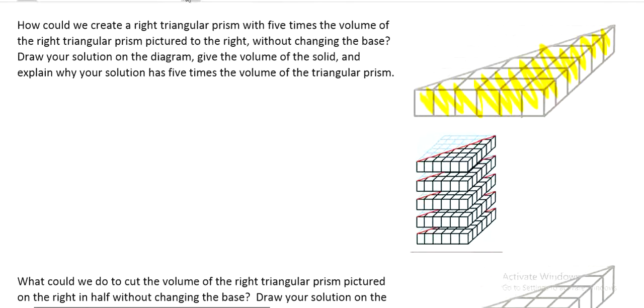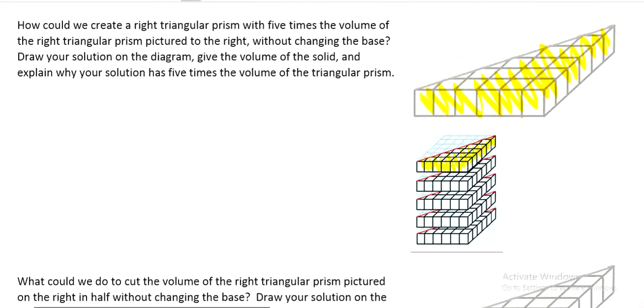But anyway, we could see here, this is the piece we had. Now we're stacking 1, 2, 3, 4, 5 of those bases on top of each other, therefore giving us 5 times the volume of our original.